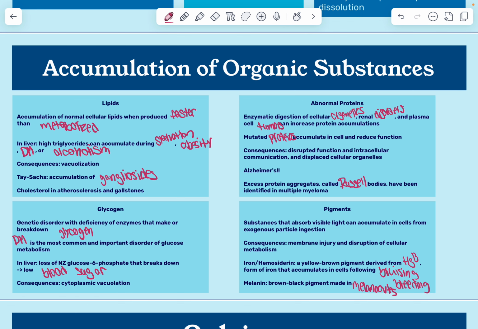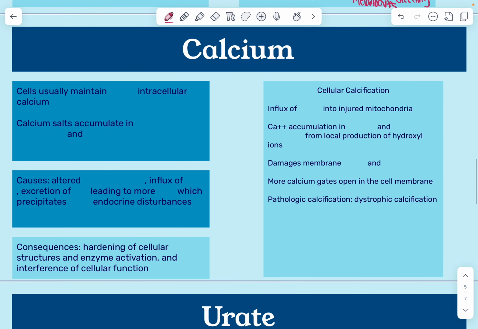So calcium can also accumulate inside of our cells. Our cells usually maintain low intracellular calcium levels, but calcium salts can accumulate in our injured and our dead tissue.